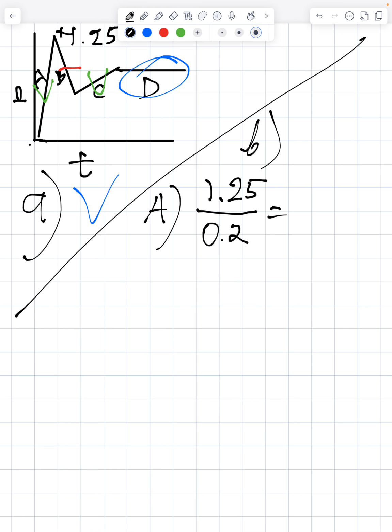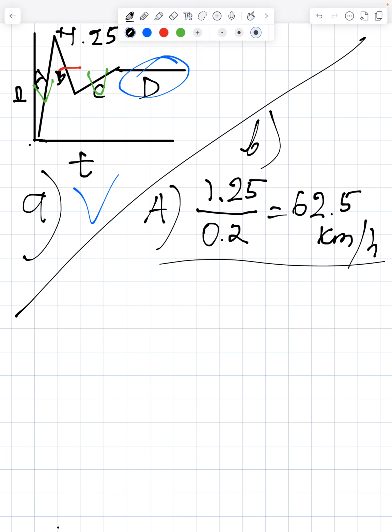So it's going to give you 62.5. So this is 62.5, and our units are kilometers per hour. So this one is done.